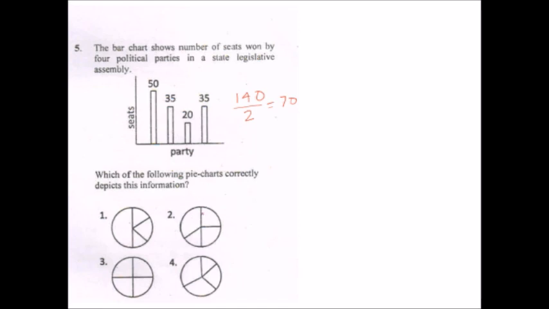In this graph, half of 70 will be 35. So the half of 70 will be 35, 35, and the rest will be 70, and here it is 50 and 20. So the answer is 2.